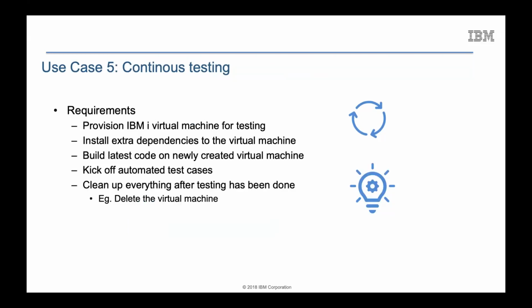Thus, before the testing, they would like to provision a new testing system of IBM, and that system should be pulled with the latest code, and they need to have the latest dependencies and products installed on that testing machine. And after the testing has been done, the testing system should be deleted as cleanup.